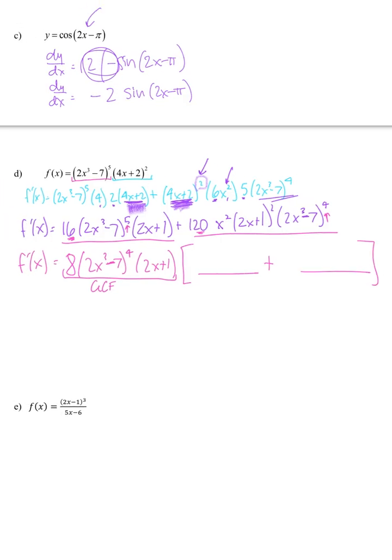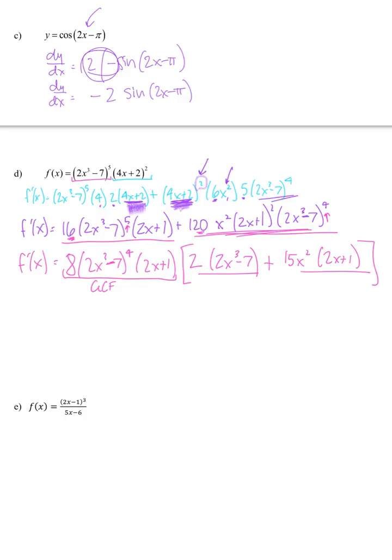So let's see what's left. If I took 8 out of 16, I still have a 2, and I think I still have a (2x^3 - 7) left. And then out of the second term over here, when I take an 8 out, I'm left with 15x squared and a (2x + 1).